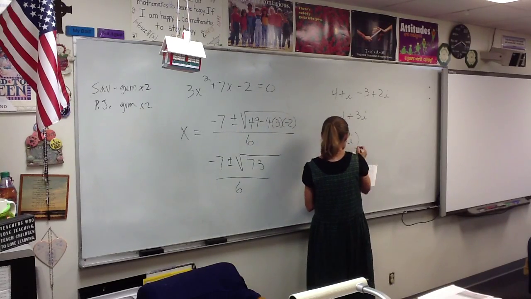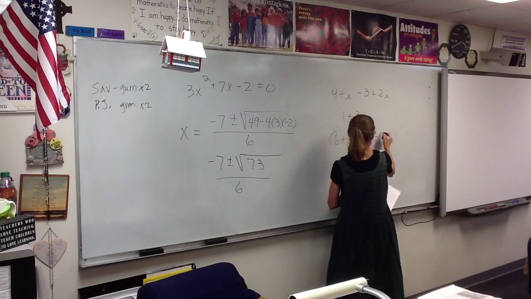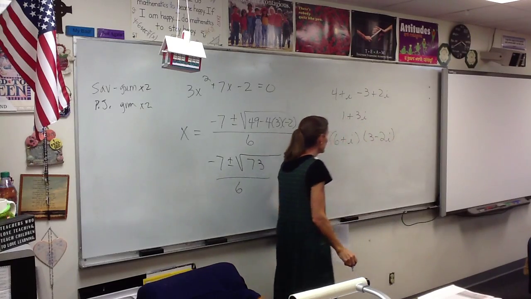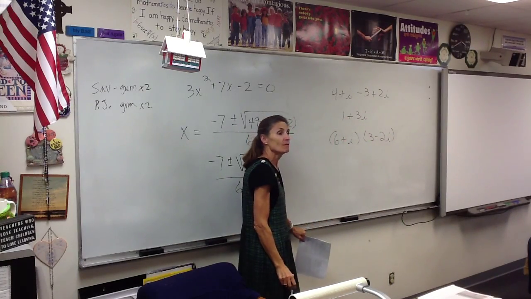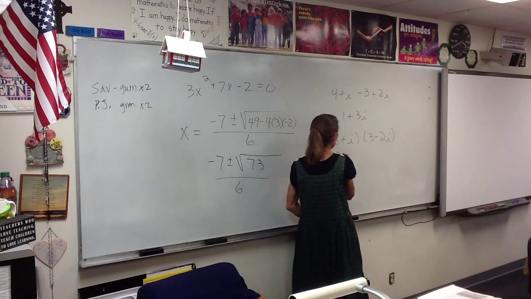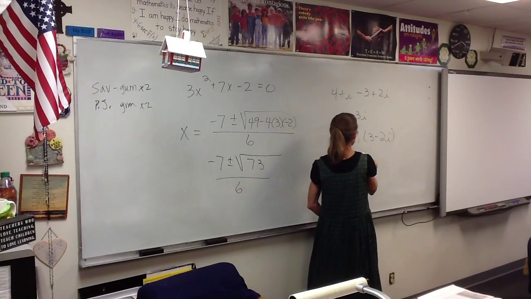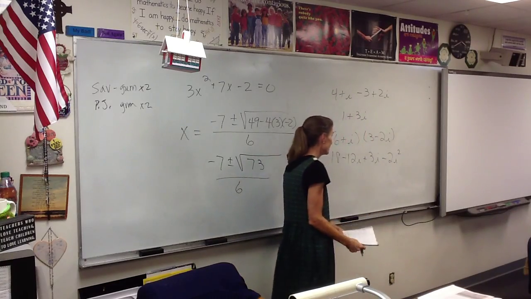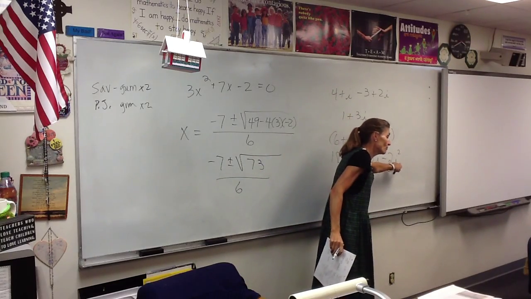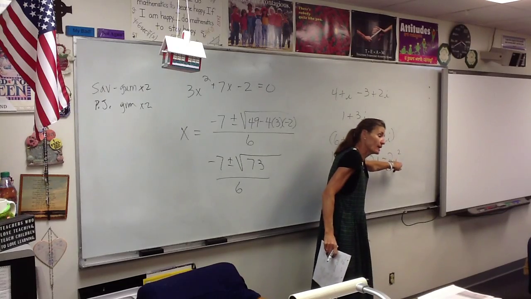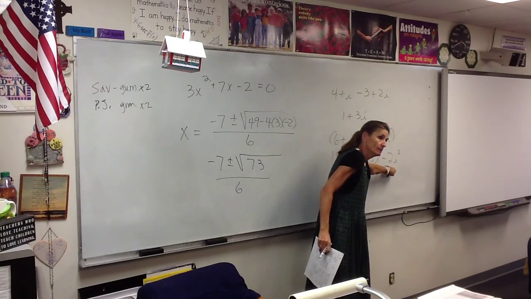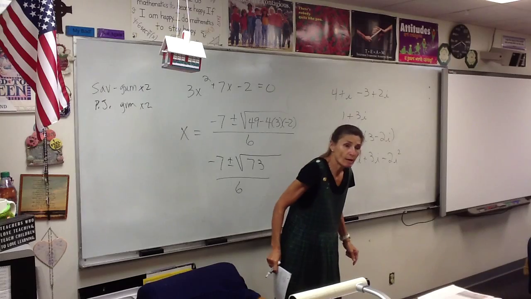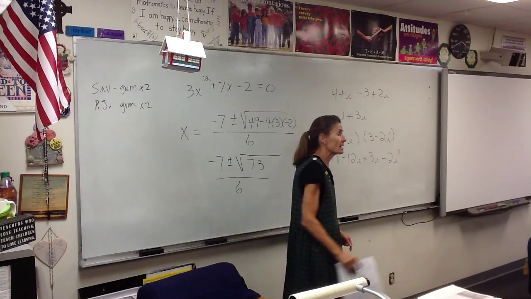What about 2b? What do I do with that? Foil it. So first, outside, inside, last. Now this is where you've got to know something. What is i squared? Negative 1.